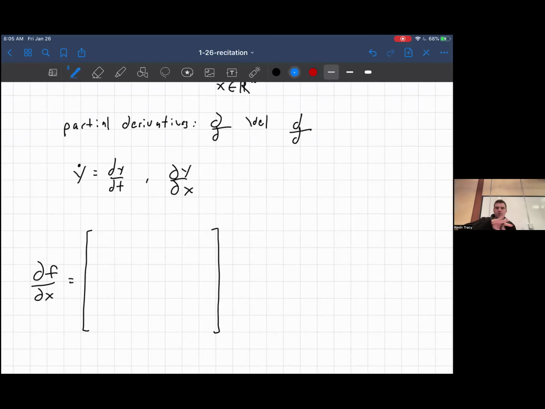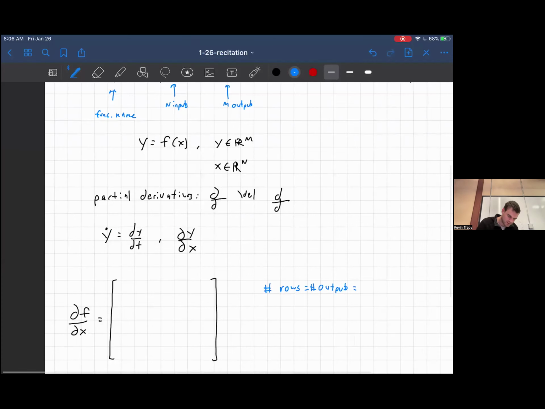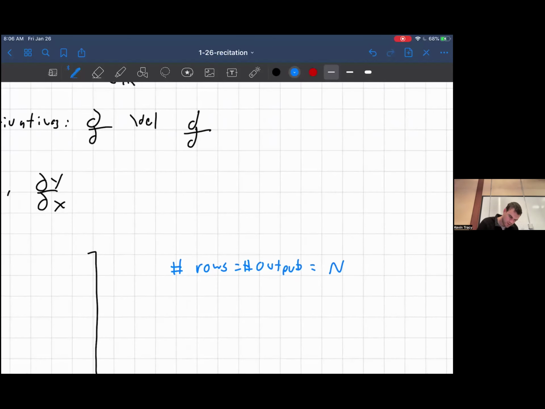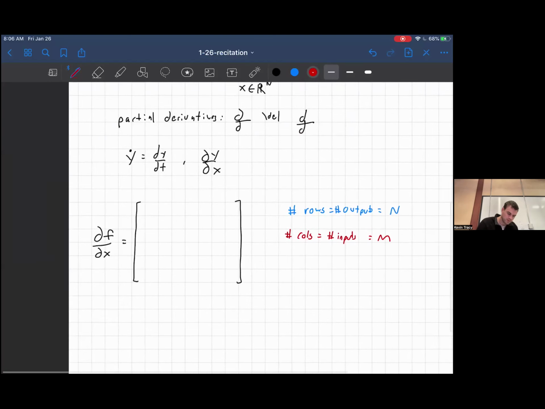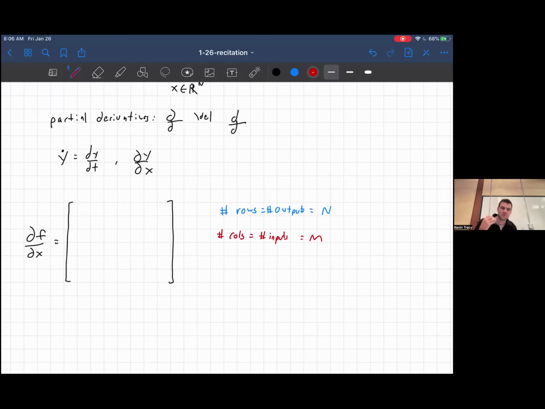So the number of rows is the number of outputs you have. Number of rows equals number of outputs. And number of columns, so the size of the Jacobian is specified by the length of the input and the length of the output.